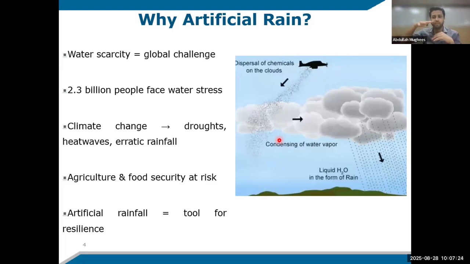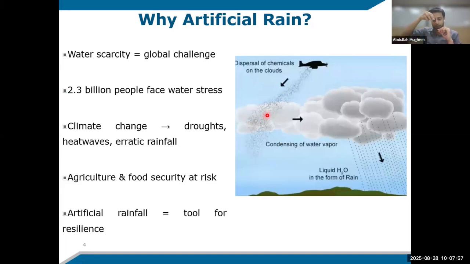So in these white clouds where no rainfall is going to occur, there are very small, tiny water vapor particles that are far away from each other. And because they are so small, their mass is not large enough for them to fall because of gravity. So what these chemicals do is that when we spray them onto these clouds, they act like a magnet.